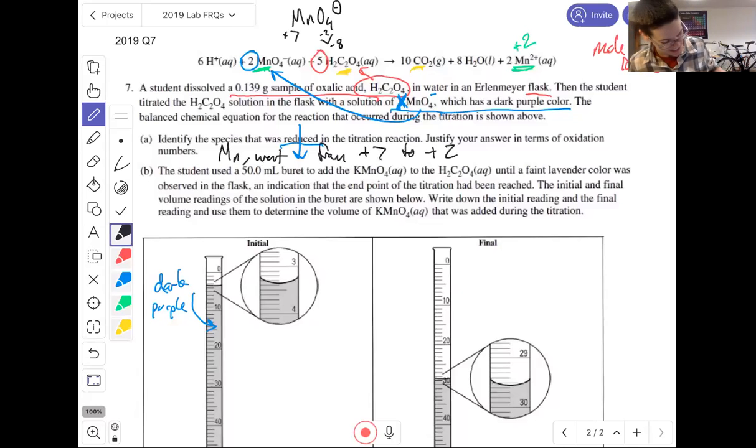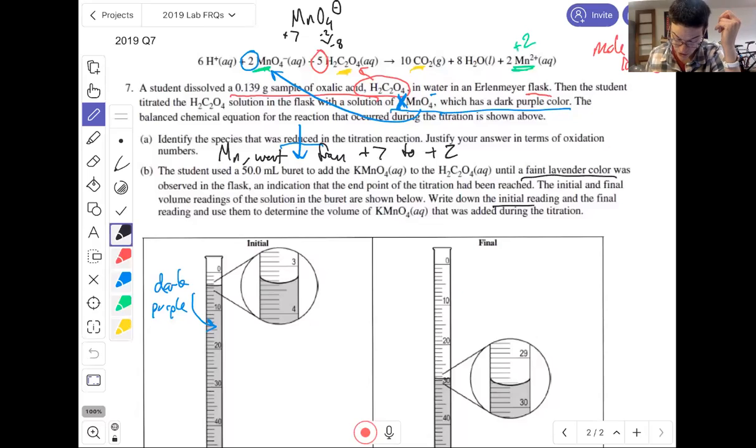Then the next question says the student used a 50 milliliter burette, which is what you guys used, to add the permanganate to the acid until a faint lavender color was observed in the flask, an indication that the end point had been reached. The initial and final volume readings of the solution are shown below.